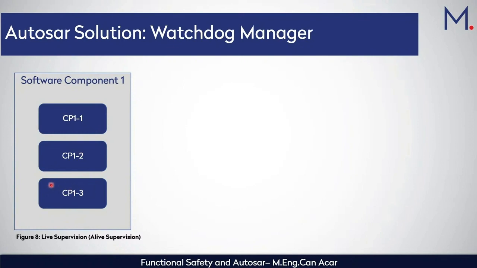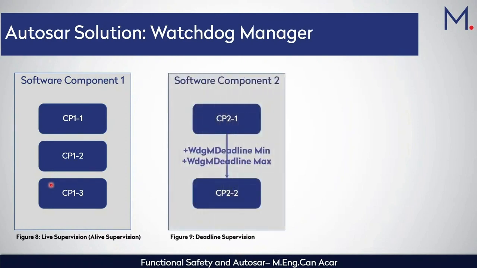However, live supervision alone is not enough. That's why time limit monitoring is used along with live monitoring, so deadline supervision. Deadline supervision, on the other hand, is not cyclic but event dependent. This monitoring looks at the transition time difference between two checkpoints in a software component.